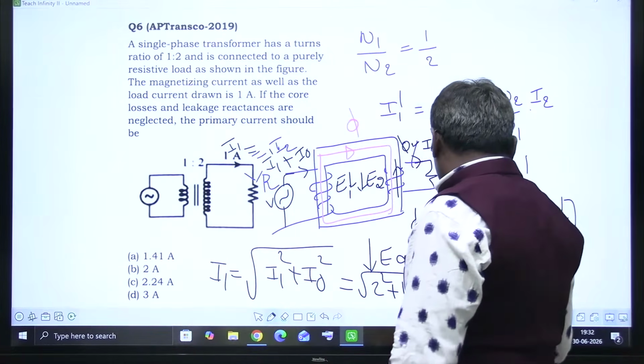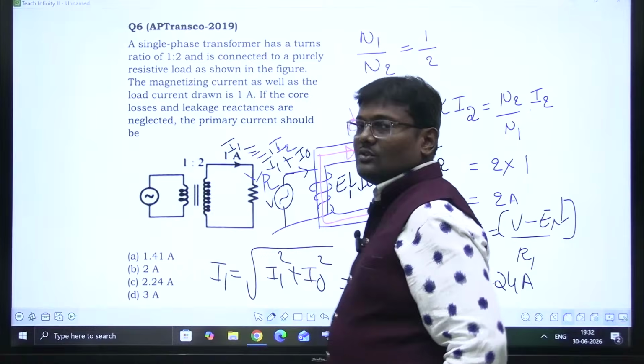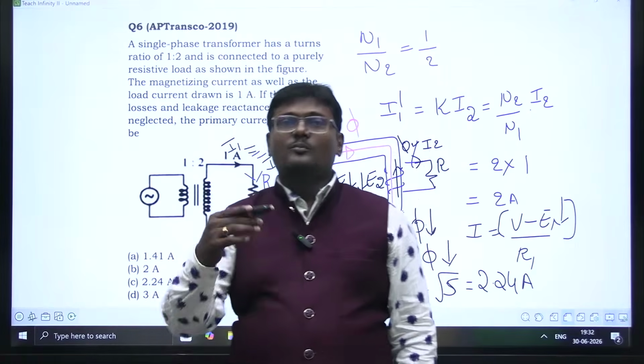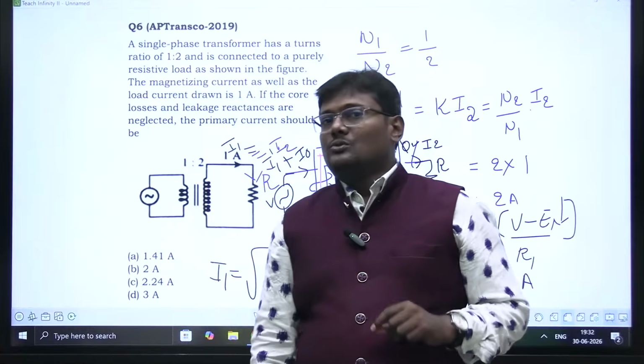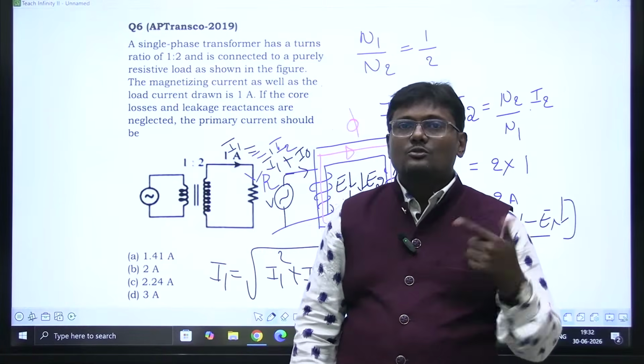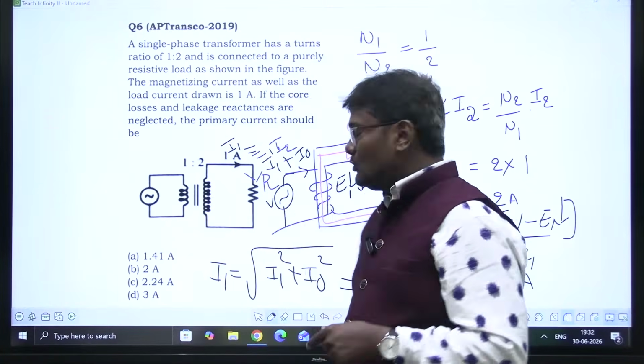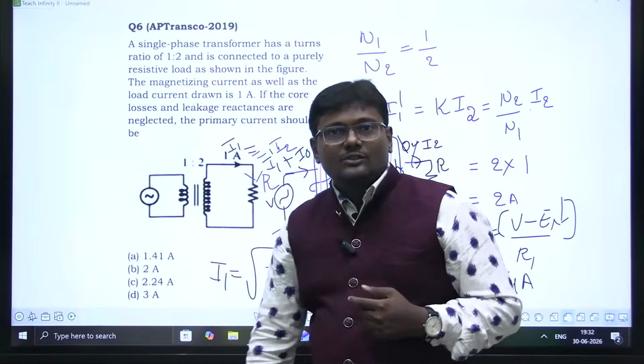Okay, 2.24 amperes. So when you are going for competitive examinations, you should remember some values. Root 2 is 1.414, root 3 is 1.732, root 5 is 2.24.